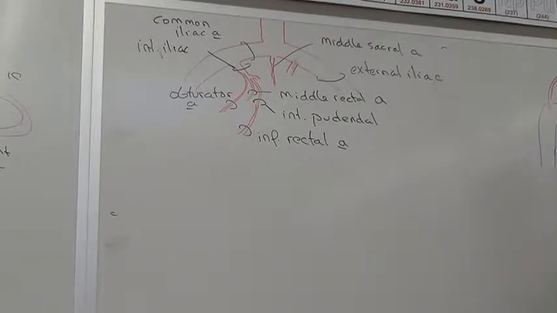Middle rectal artery in the pelvis is going to come in and supply the middle of the rectum. And then down near the anal canal, coming off of the internal pudendal, we're going to have the inferior rectal. So superior rectal, middle rectal, and inferior rectal.